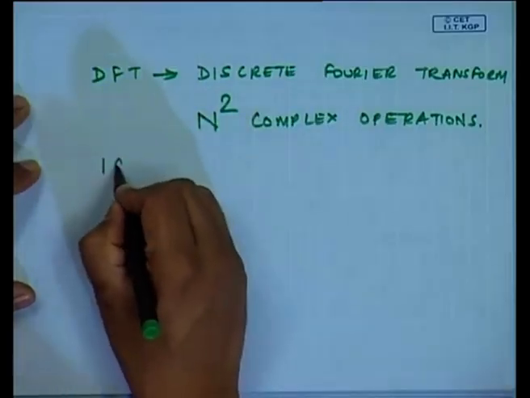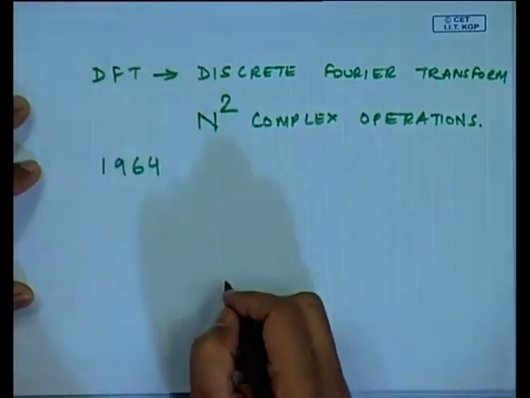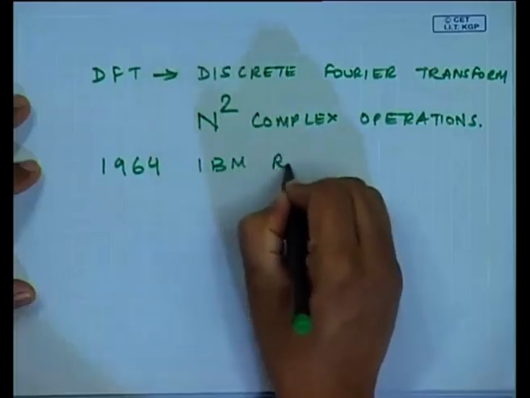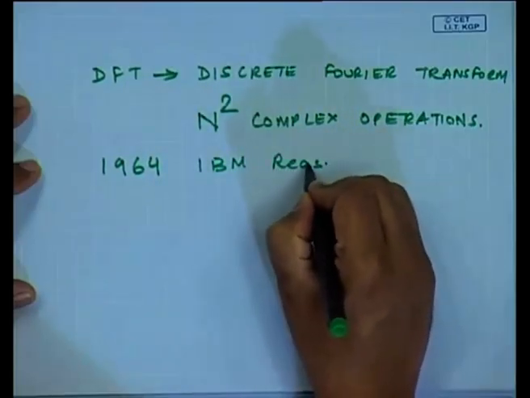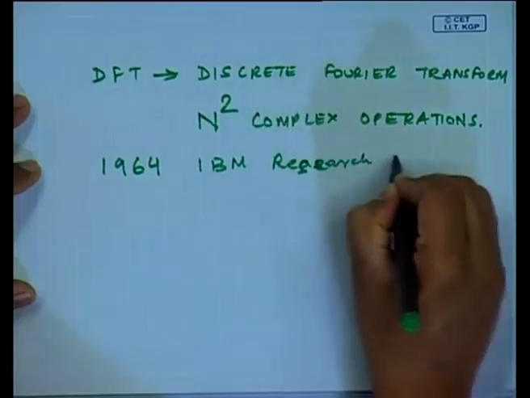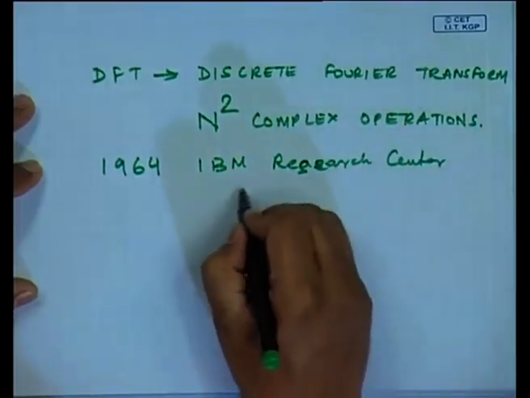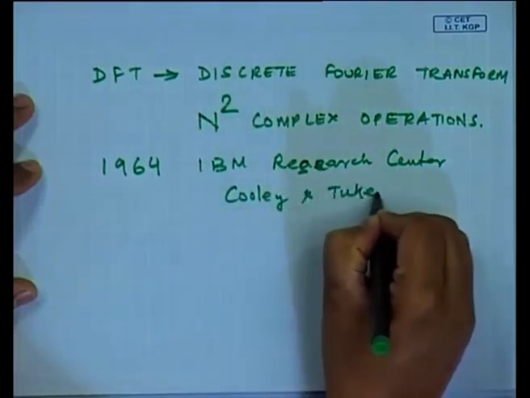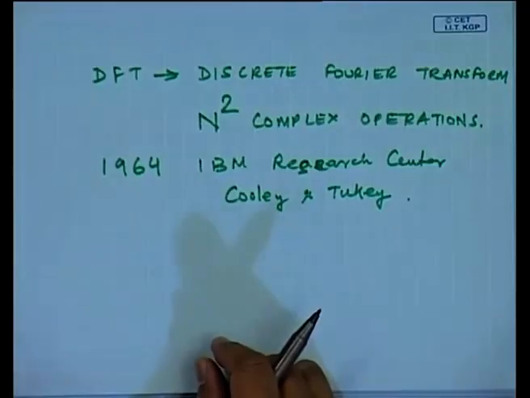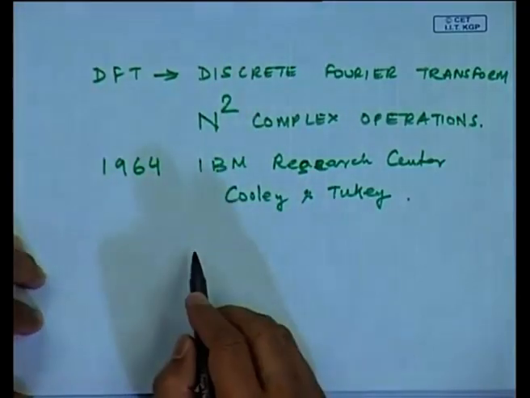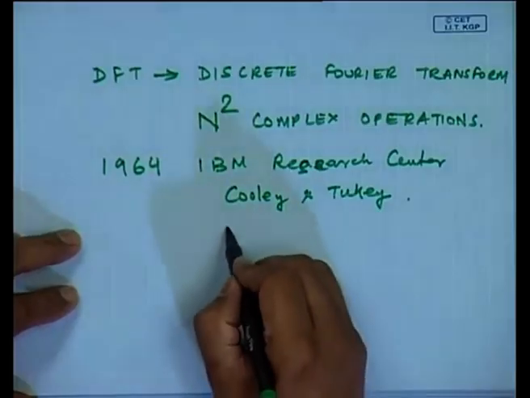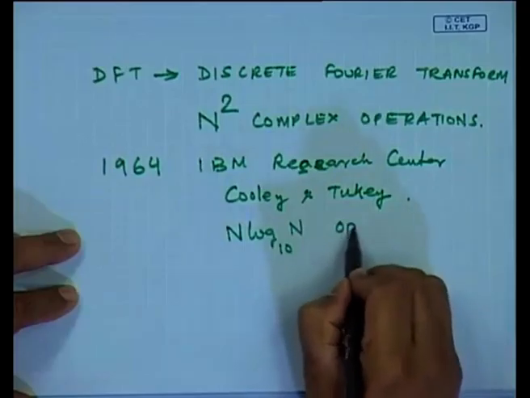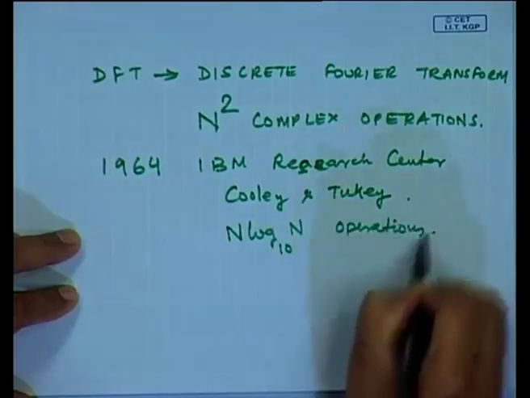So, actually in 1964, two gentlemen working in the IBM research center in New York, Cooley and Tukey, came up with an algorithm wherein it was not N square complex operations, but N log to the base 10 of N operations to do DFT.